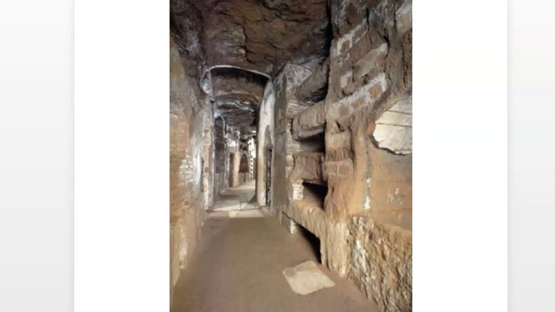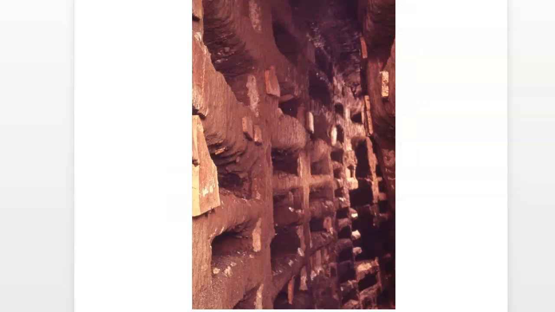In these, they used to have, and some of them still exist, stone plaques that would have inscriptions for the dead, and some types of drawings, and some plaques that would cover over the openings completely. By the 5th century AD, Christians were buried above ground, and then eventually all the bodies were removed and buried above ground.